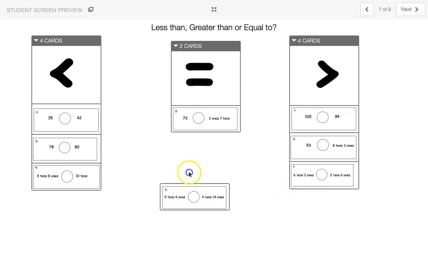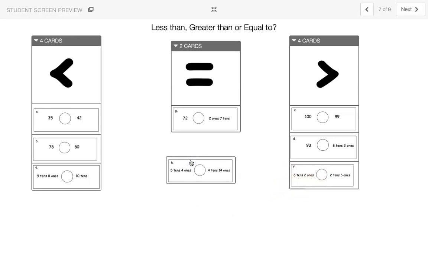Okay, last one. And I did save the hardest one for last, but not for you guys, okay? So we have 5 tens, 4 ones. We have 4 tens and 14 ones. What do you think? This number looks larger because it says 5 tens. This only says 4 tens.